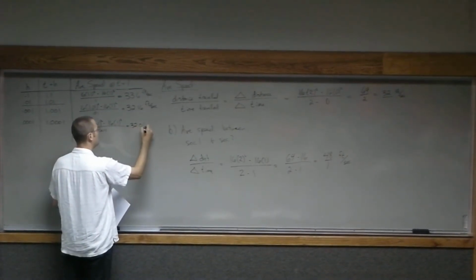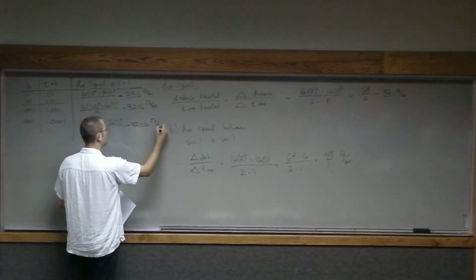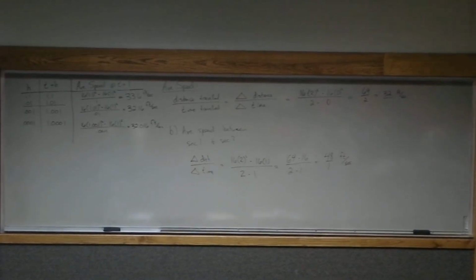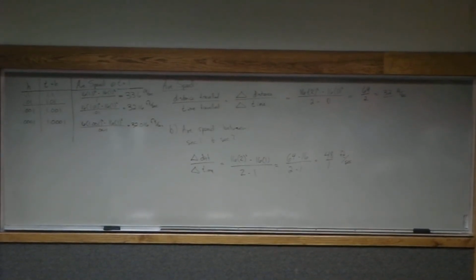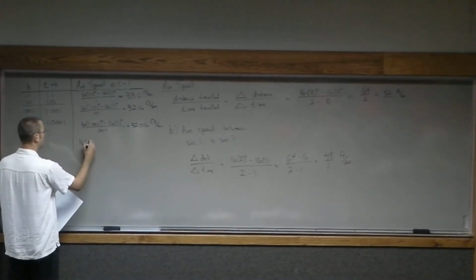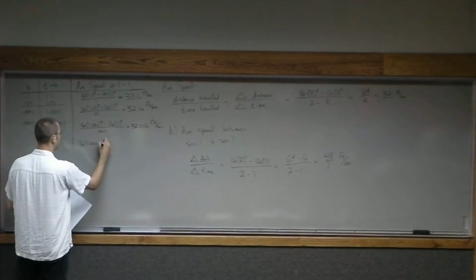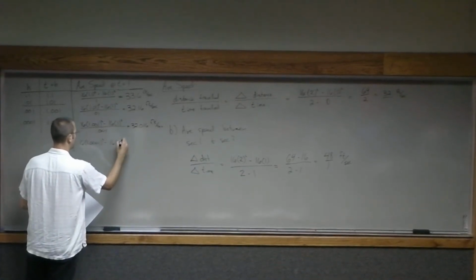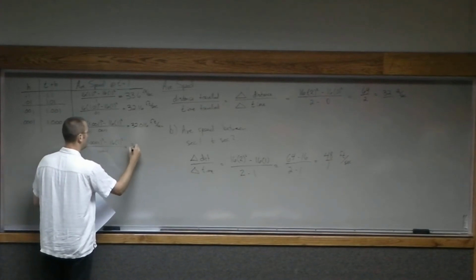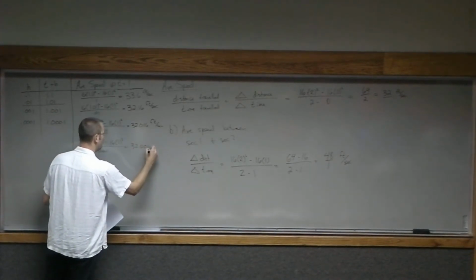Okay. Our average speed is shrinking a little bit. Okay? If we were to do one more, 16 times 1.0001 squared minus 16 times 1 squared, divided by 0.0001.